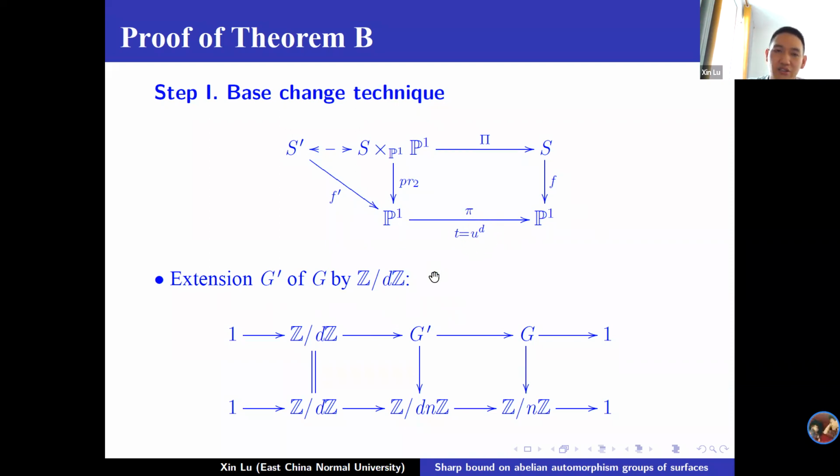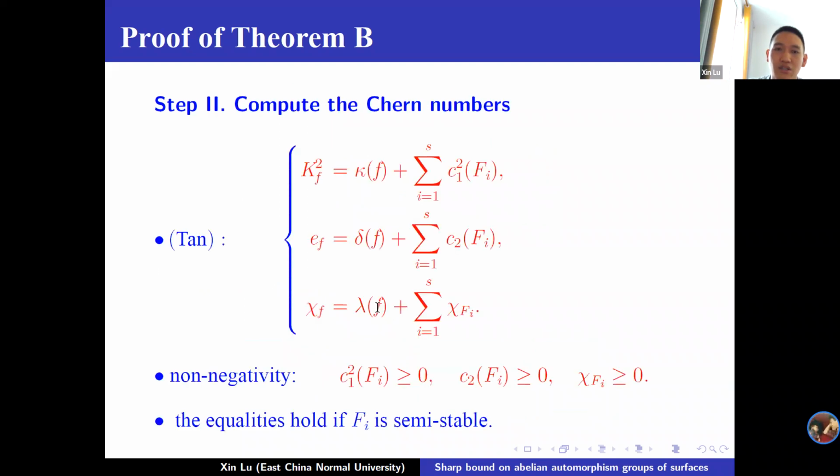So using this base change, we can get a new surface, and on this new fiber surface, we still have such an abelian automorphism group. And also for the second step, we can compute the Chern numbers of this base change, and this is okay.